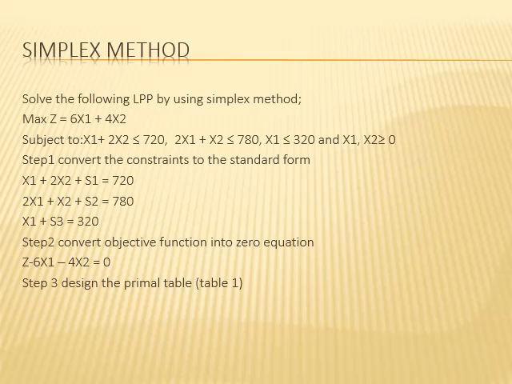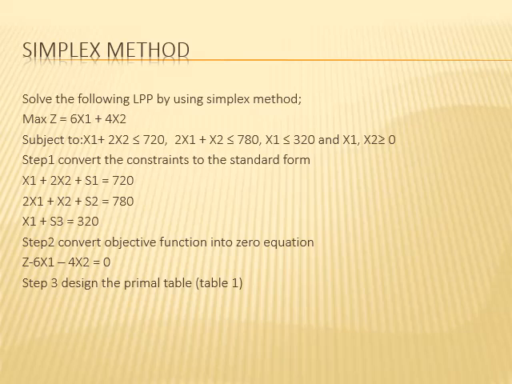As we experienced before, let's follow the steps mentioned below. Step 1. Convert the constraints into the standard form. Standard form means add or subtract slack variable s.